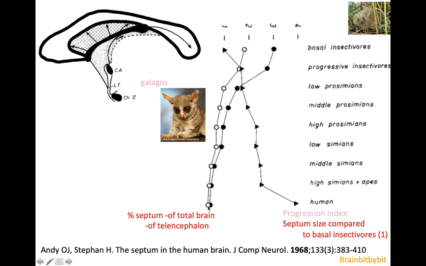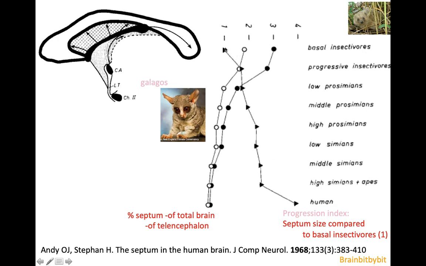So these open bullets are the different species, and the percentage of the septum of the total brain, and the closed bullets are the percentage of the septum of the telencephalon. And you can see that it remains the same throughout evolution proportionally.